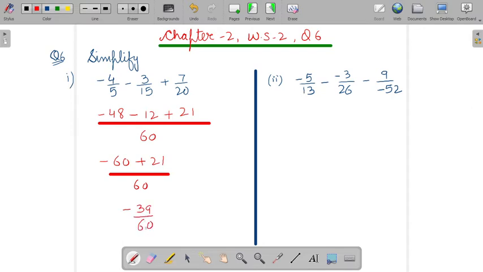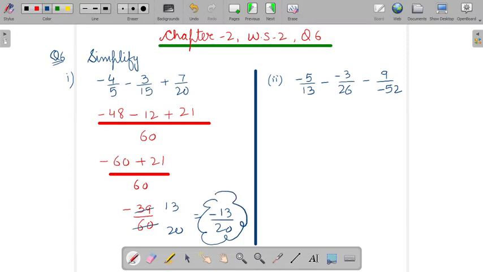So tell me whether you are able to solve it further, can this be converted into standard form? Yes, we can cancel it with 3, so 13 and it would be 20. So the answer would be minus 13 upon 20.